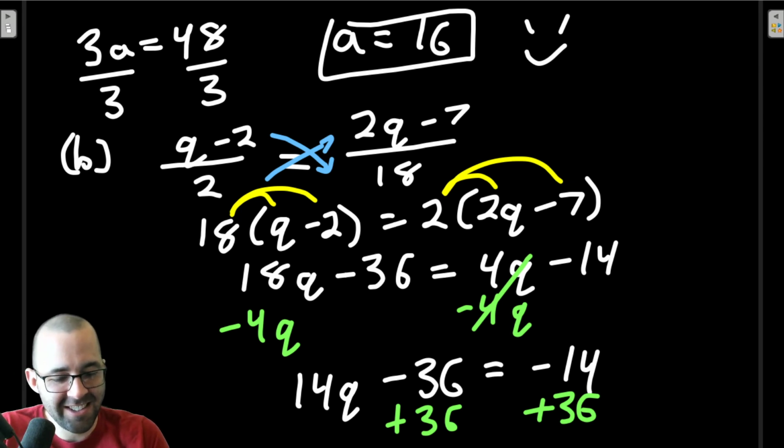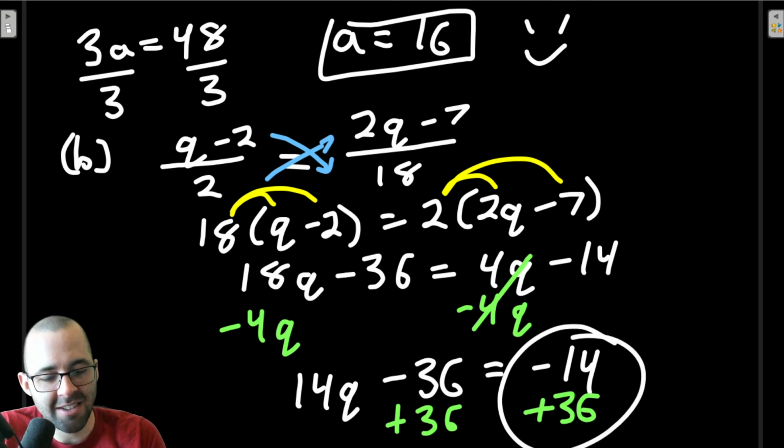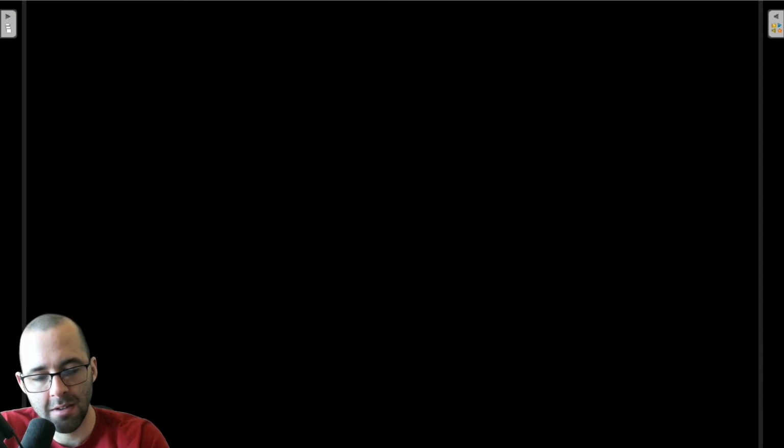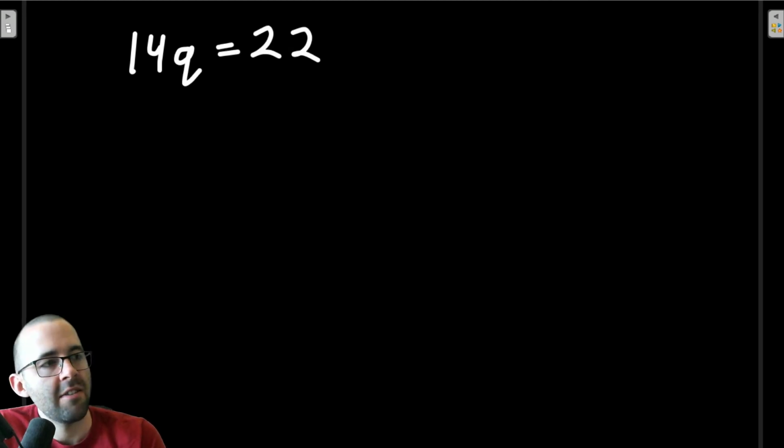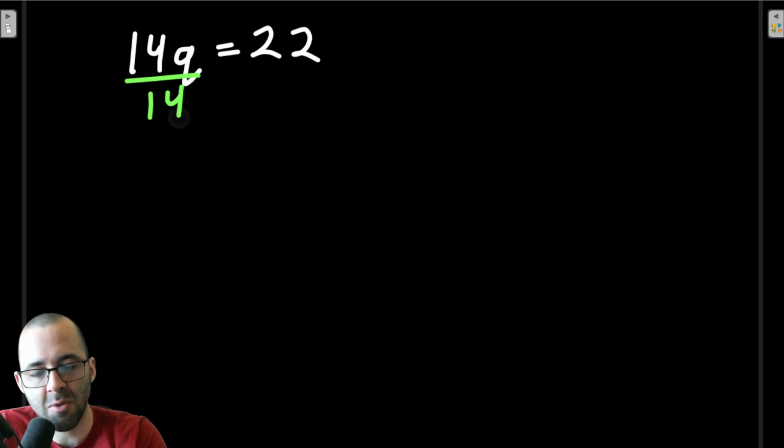All right, and so over here, negative 14 plus 36 should be a 22. We have 14q equals 22. Divide both sides by 14, and we'll almost be good to go. Because if we divide this by 14, they cancel. We're just left with a q.